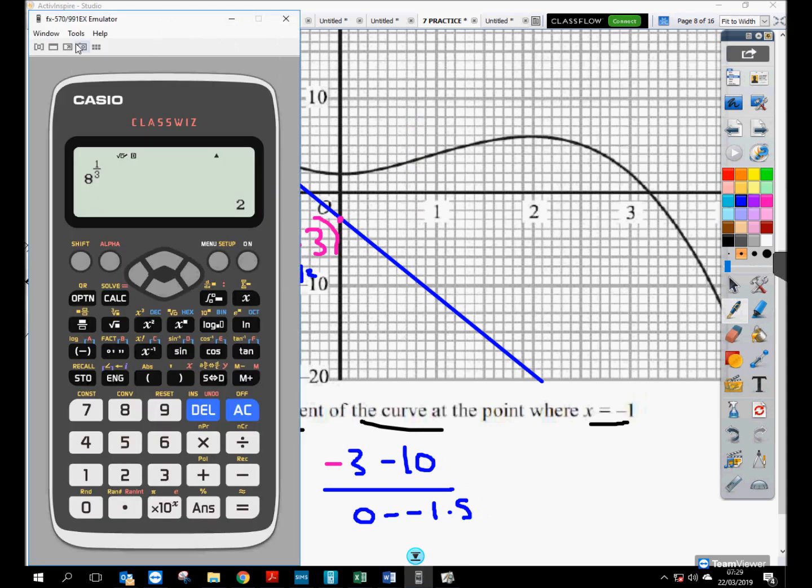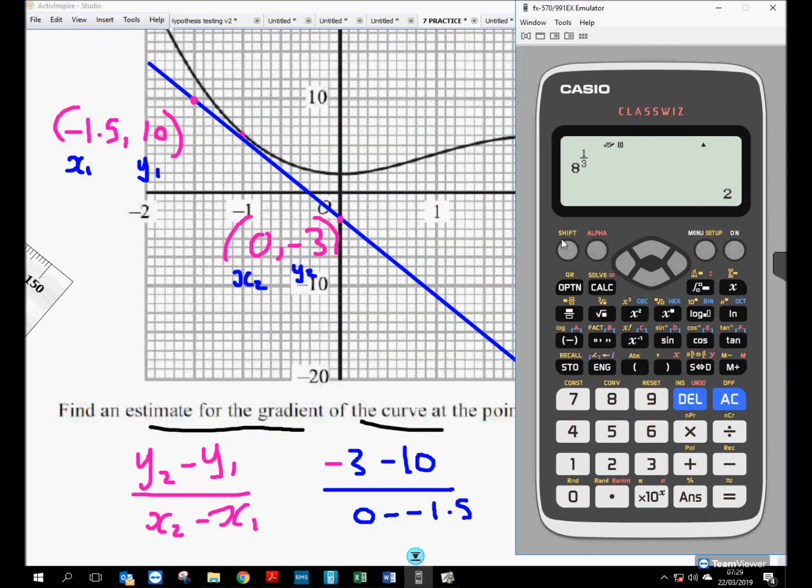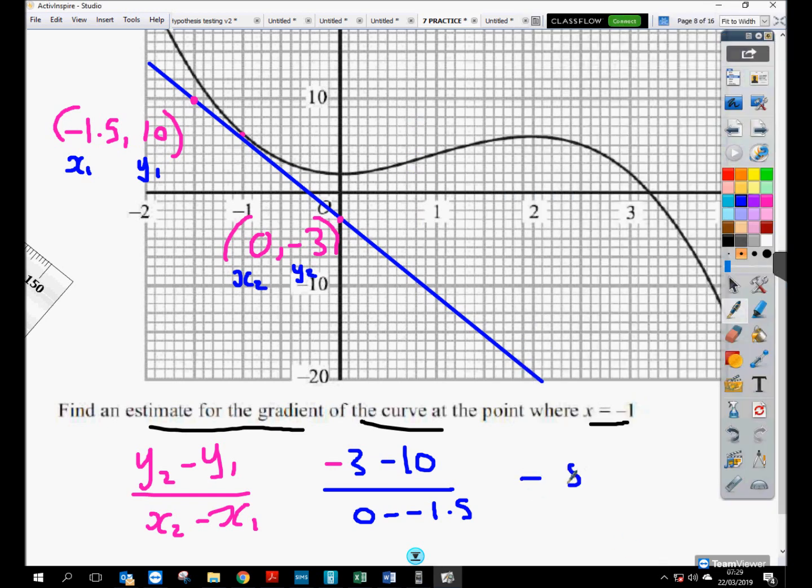Be very careful with that one. Okay. And you can change the two negatives to a plus, or you can have a calculator to deal with it. -3, 10 over 0, minus 1.5. Okay, so I get an answer of -8.6 recurring. Now, I believe in the mark scheme, any answers between -6 and -10 were allowable.